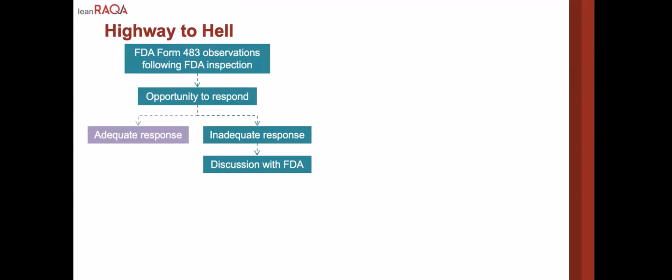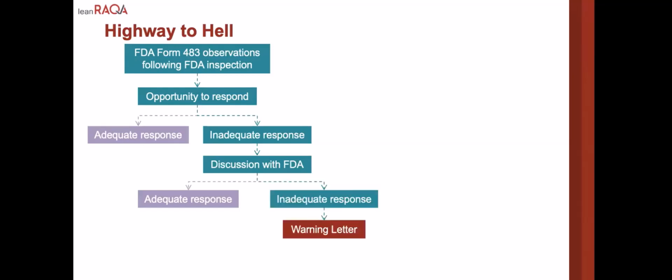If you have an inadequate response, you're going to have another discussion with FDA. If you can resolve it and your corrective actions become adequate, then that's where it stops.